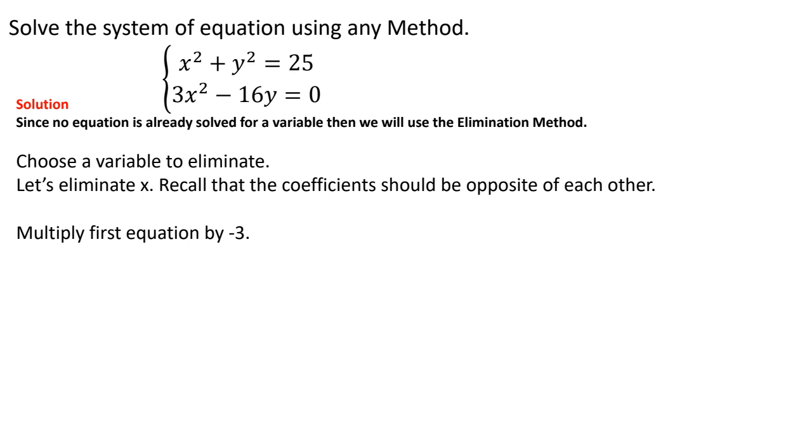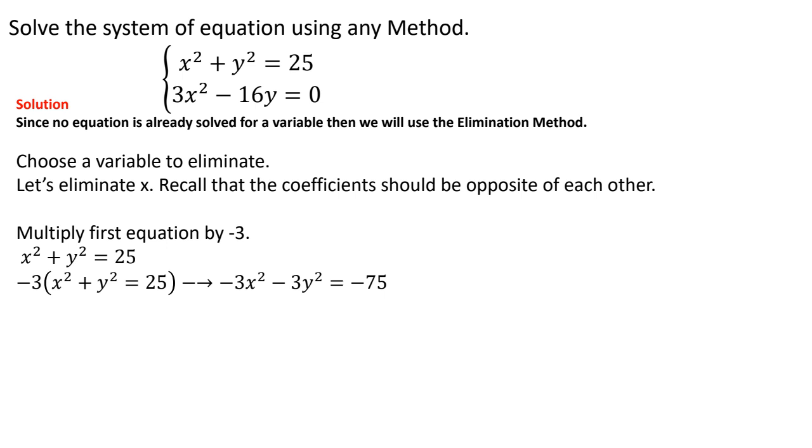One of the most common mistakes students make is that they only multiply it to the first half and they forget to multiply it to the other side of the equal sign, okay? So please don't forget that when we're multiplying a number, we've got to multiply to the whole equation, to both sides of the equation, because we don't want to unbalance it, okay? So let's go ahead and do this. And you see here, when I've been writing them, I multiplied to the whole equation, to the x squared plus y squared is equal to 25.